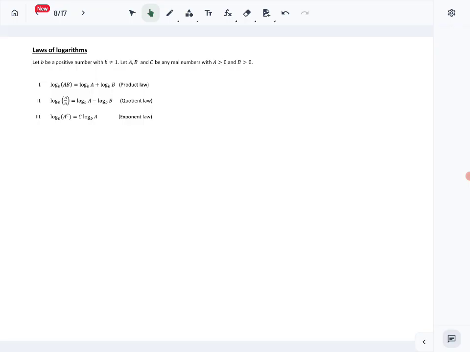Okay, so let's quickly go through the proof of these three. Let's say log base b of a is equal to x and log base b of b is equal to y.